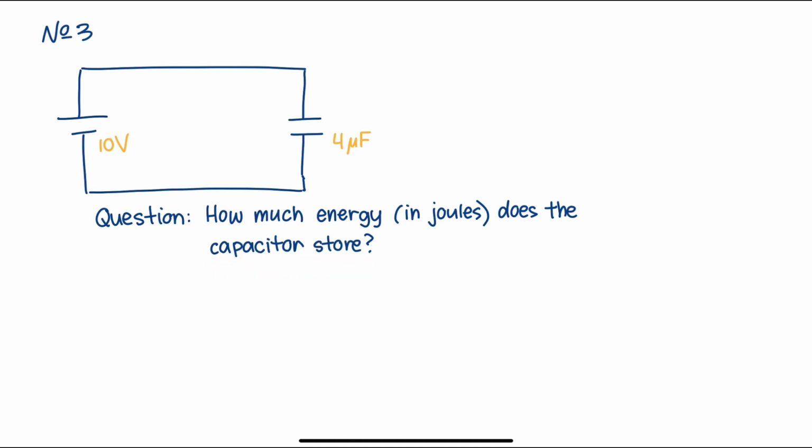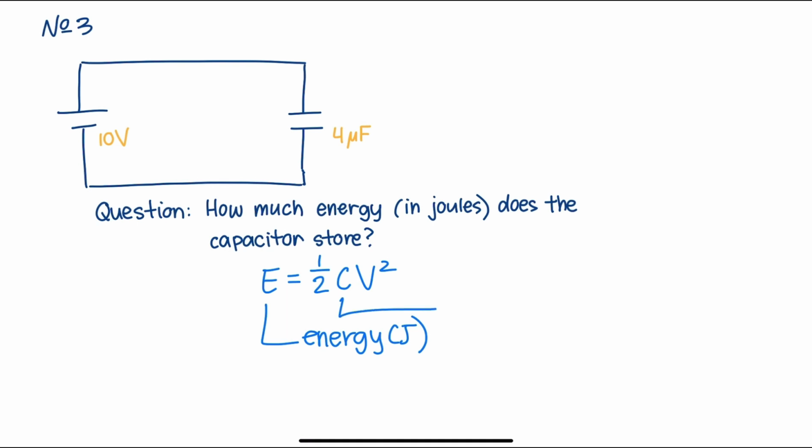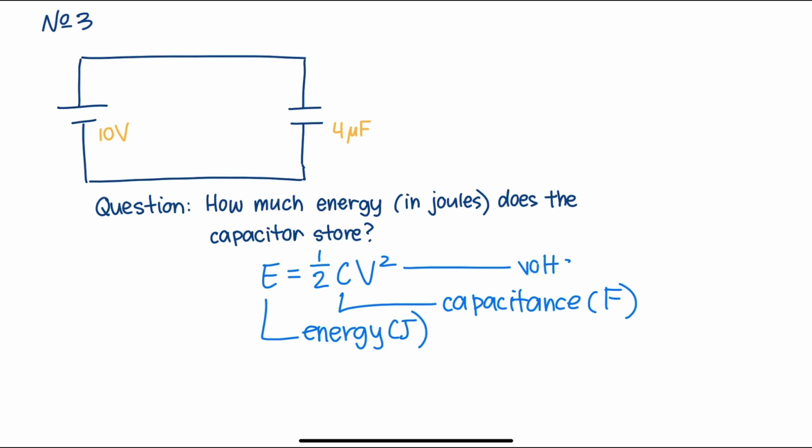So the formula we're going to use is E equals 1 over 2 C multiplied by V squared, where E stands for energy in joules, C stands for capacitance in farads, and V stands for voltage in volts.